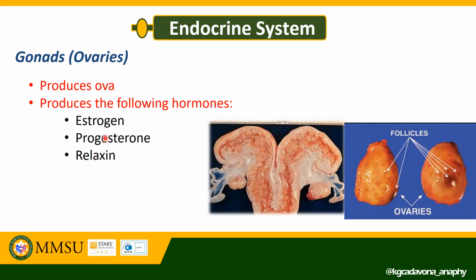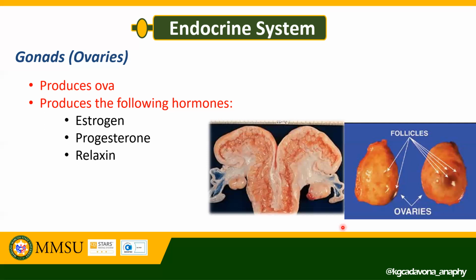The estrogen, which is the female sex hormone, and responsible also for the secondary sex characteristics of female animals and their desire to mate, as well as the progesterone, which is, what was progesterone again? It is the hormone that is responsible for pregnancy or the gestation period of animals, as well as the last hormone, which is the relaxin for the relaxation of the cervix when the animal is going to give birth.